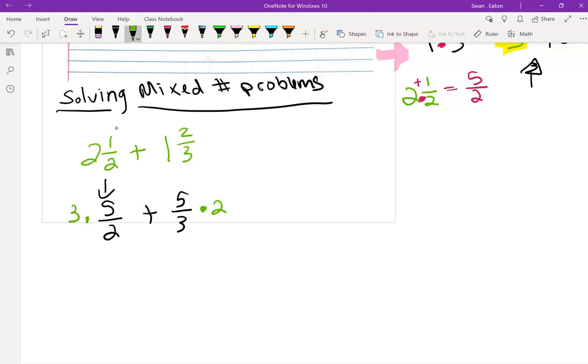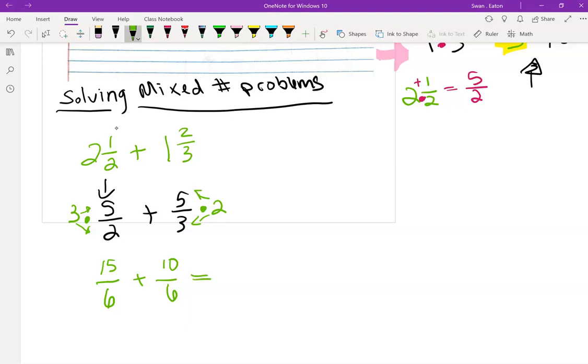So I'm going to rewrite these. 2 times 3 is 6, and you have to also multiply it by the top, not just the bottom, but the top. And 3 times 5 is 15. I bring down my plus. 2 times 3 is 6, and 5 times 2 is 10.